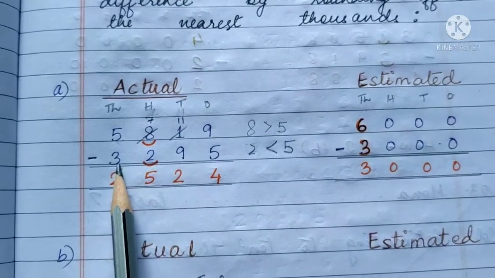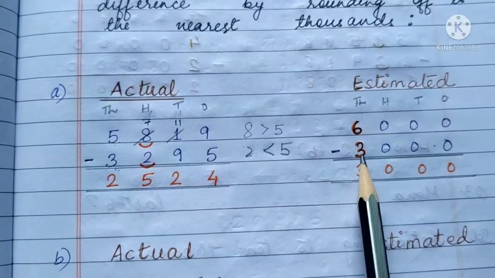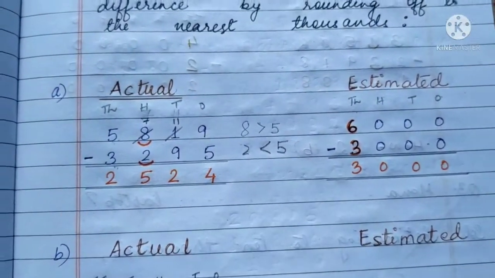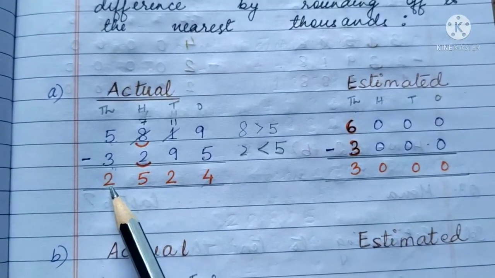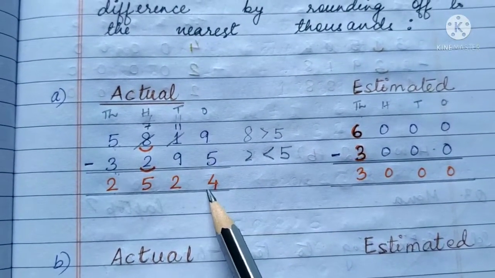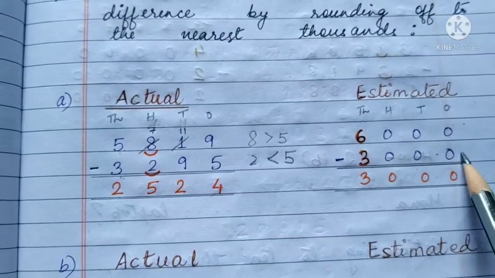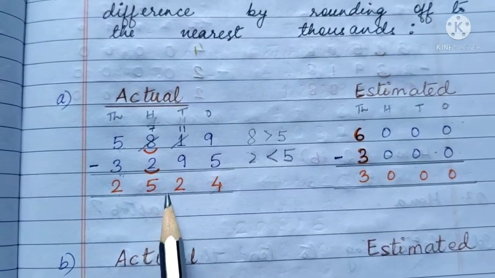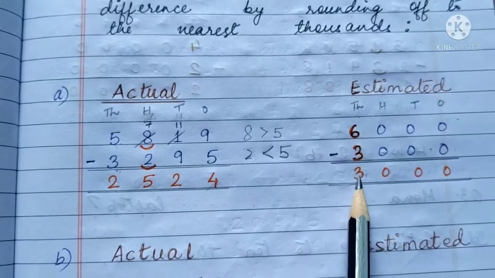So 3,295 is rounded off to the nearest thousands as 3 thousands. So here we have the actual difference, which is 2,524, and the estimated difference between 6,000 and 3,000, which is 3,000. You can see when we compare, these are very close to each other.